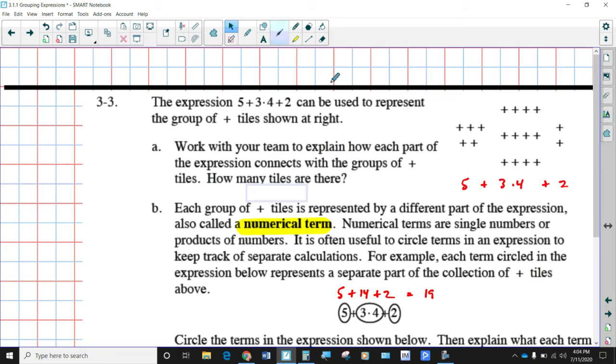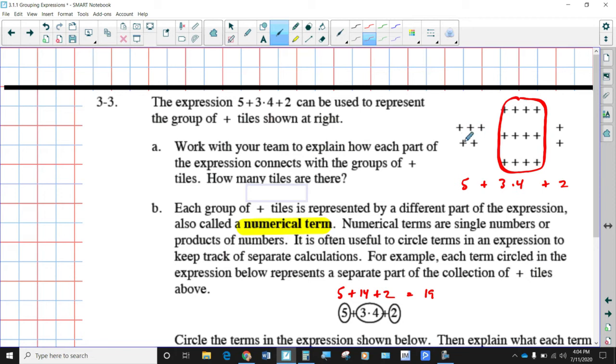So notice how this says 5 plus 3 times 4. We need to know this section right here. There's in no situation does it show us taking 8 times 4, correct?